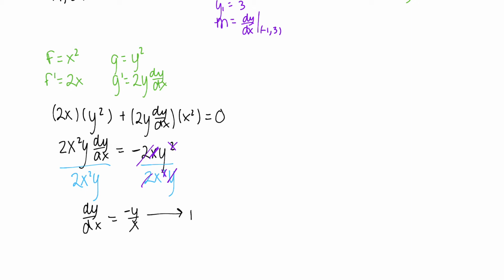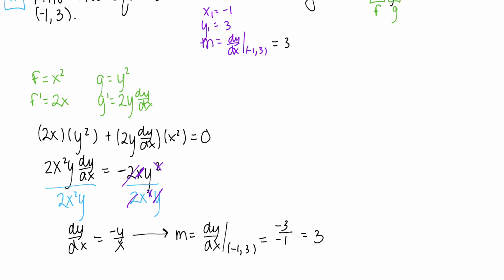We needed, for the slope, to evaluate this at the point negative 1, comma 3. So plugging in negative 1 for x and 3 for y, we have negative 3 over negative 1, which is 3. So our tangent line will be y minus y1 equals m times x minus x1.